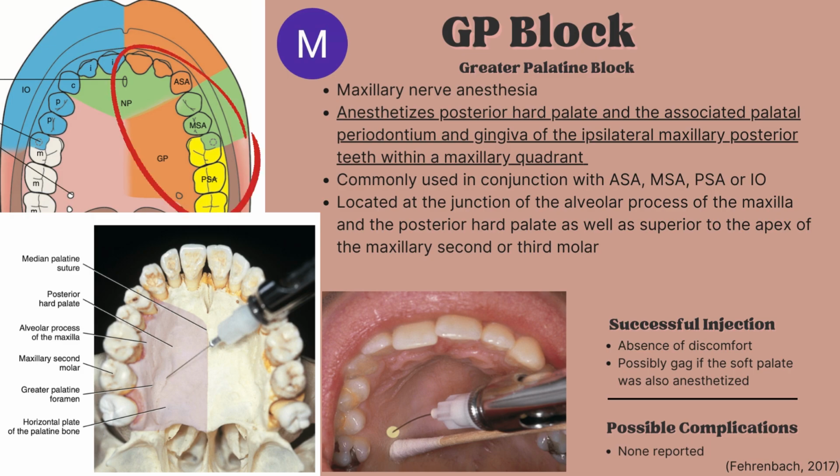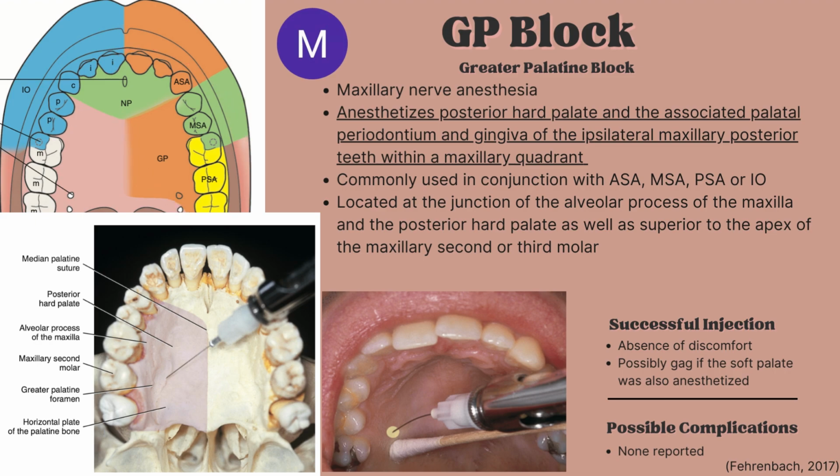In addition, anesthesia of the associated palatal periodontium and gingiva of the maxillary first premolar may prove inadequate because of the overlapping of nerve fibers from the anteriorly placed nasopalatine nerve. This lack of anesthesia may be corrected by additional administration of anesthesia in the nasopalatine block if the patient is still feeling discomfort during treatment.